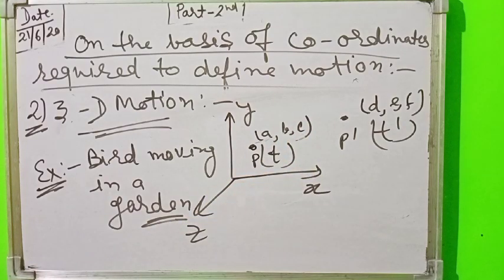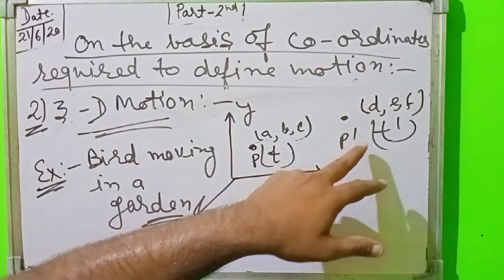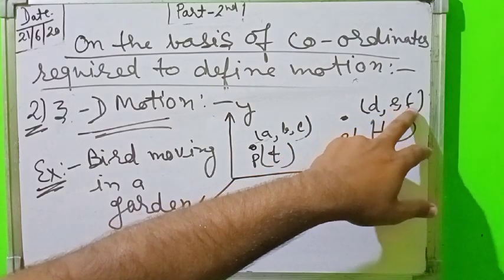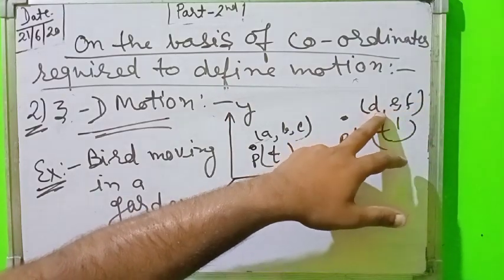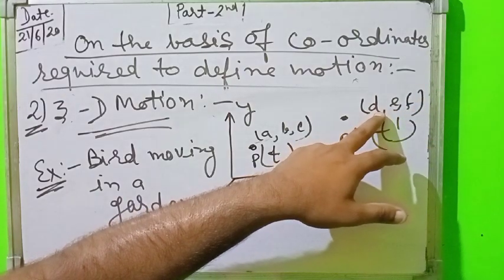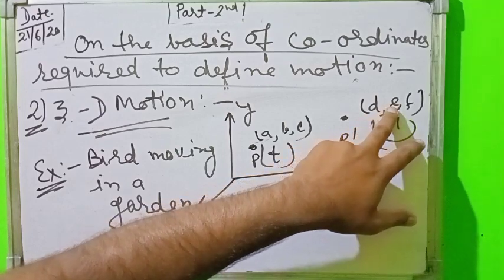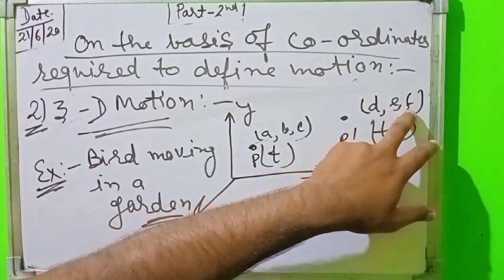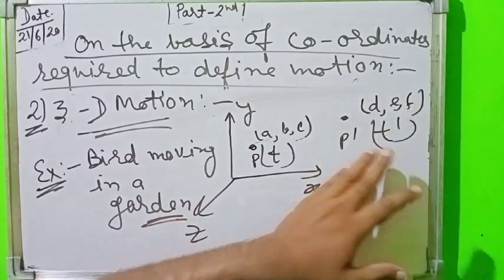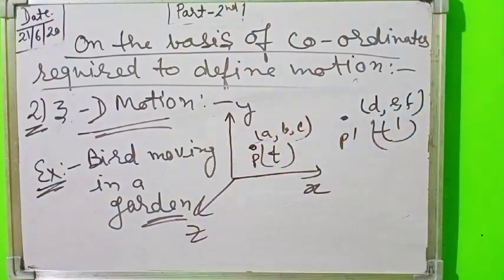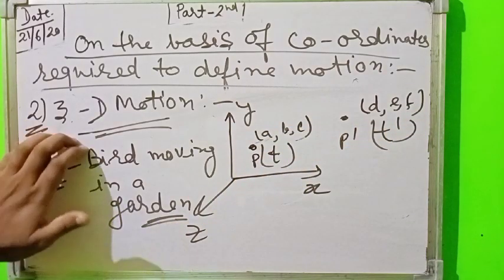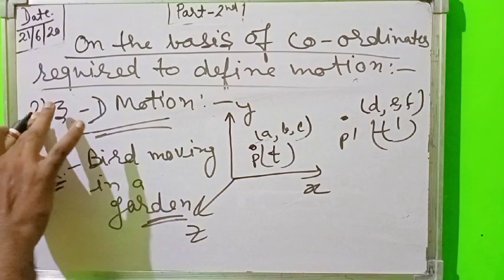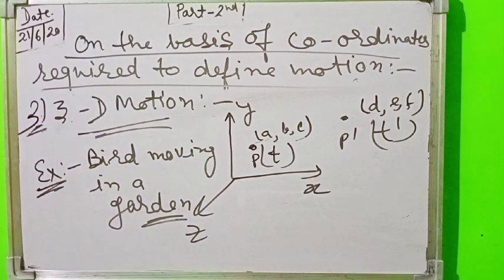With the passage of time, the insect reaches the position d, e and f, where the x coordinate is d, the y coordinate is e and the z coordinate is f. So with the passage of time all three coordinates are changing. Such motion is called three-dimensional motion.